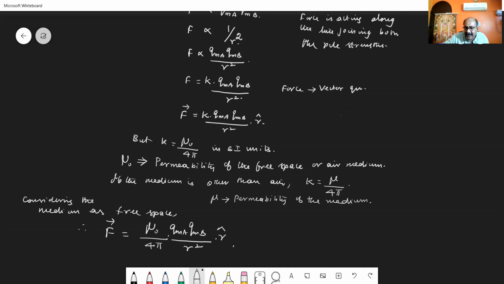This is considered to be the equation for the force between two pole strengths given by Coulomb's inverse square law.